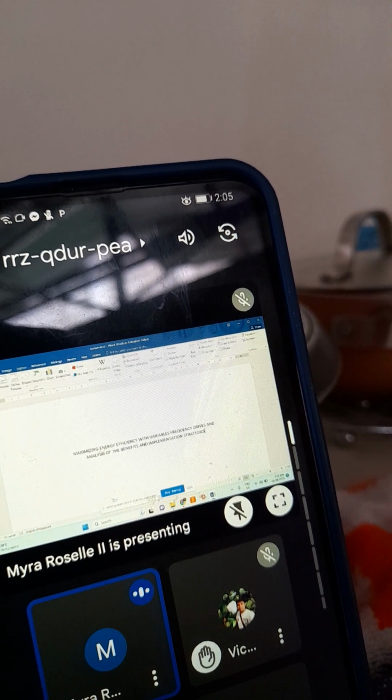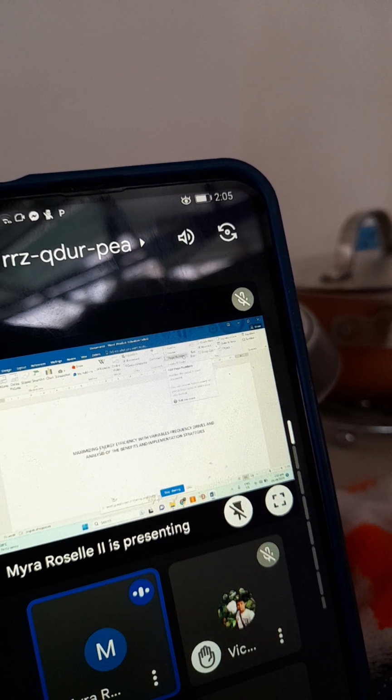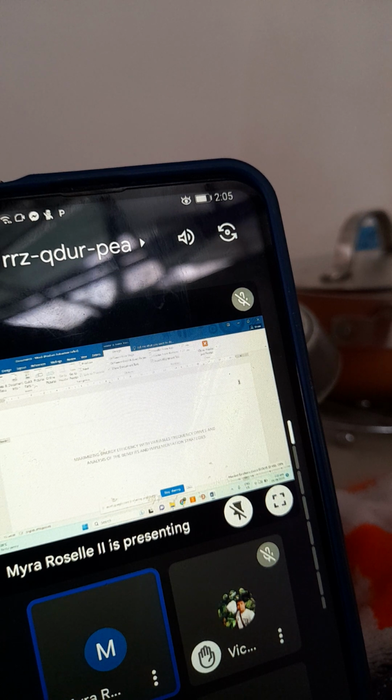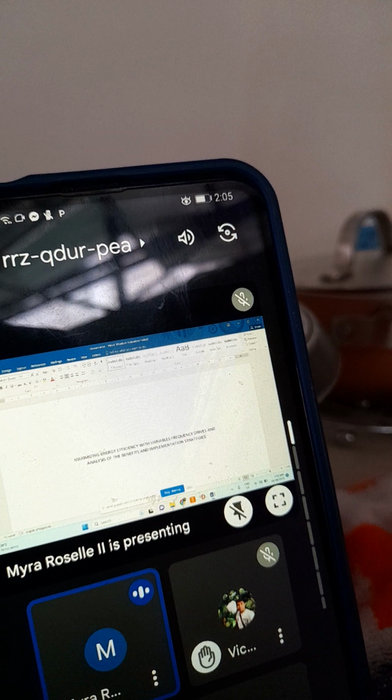You go to insert, then page number, top, then plain number 3. Now, when you close the footer, you will see the page number. Please turn off your mic. On the title page, it should not be visible.